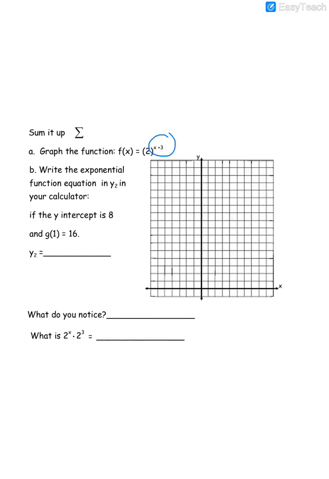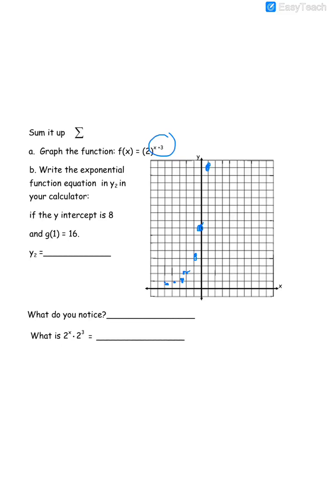And I'm going to hit second graph to get some points for me to graph. I'll start with -5, a quarter; -4, a half; -3, 1; -2, 2; -1, 4; 0, 8; 1, 16.